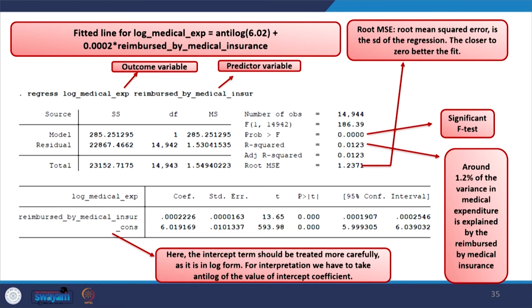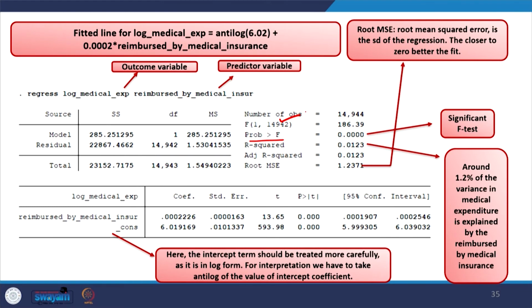First, you need to check the entire model, whether it is significant or not, through the F test. By default, it considers the F test, comparing the differences of residuals. Okay. So, F test is defined, and the degrees of freedom are more important. The numerator and denominator degrees of freedom are 1 and 14942.